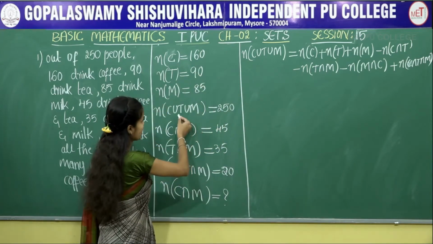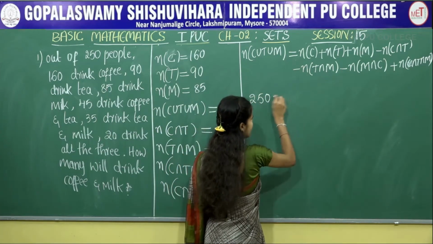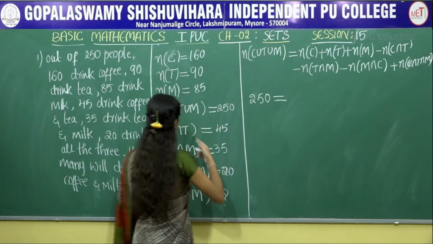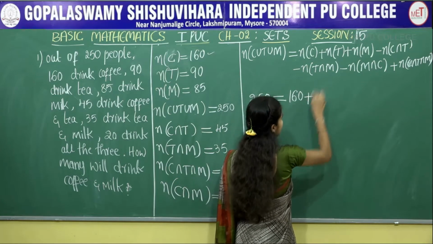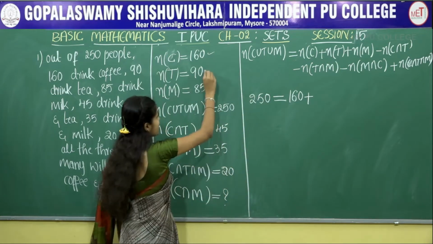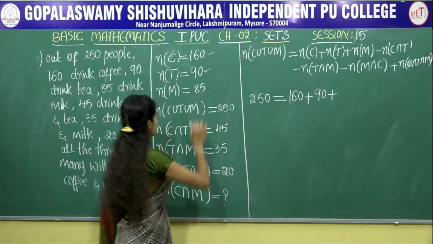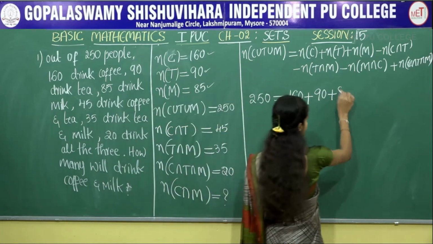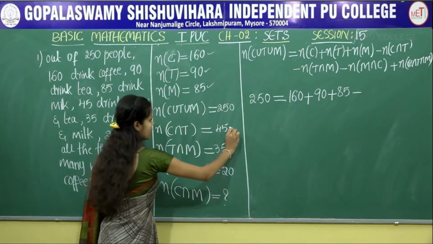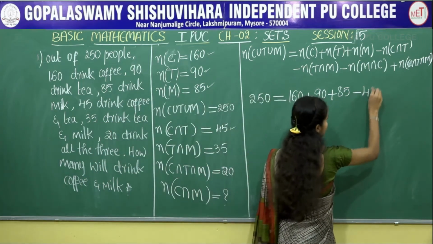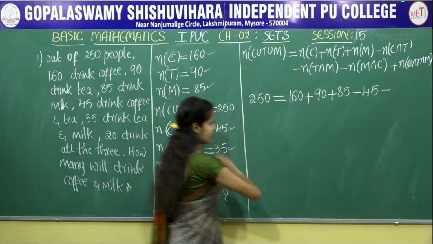N of C union T union M is equal to 250. So 250 is equal to N of C, which is 160, plus N of T, which is 90, plus N of M, which is 85, minus N of C intersection T, which is 45, minus N of T intersection M, that is 35.